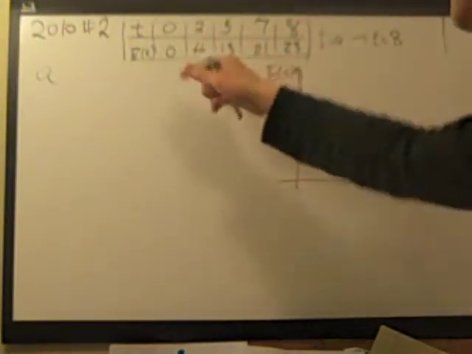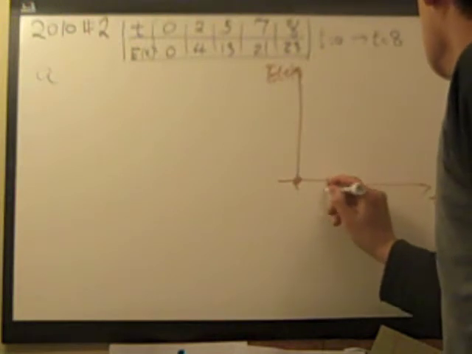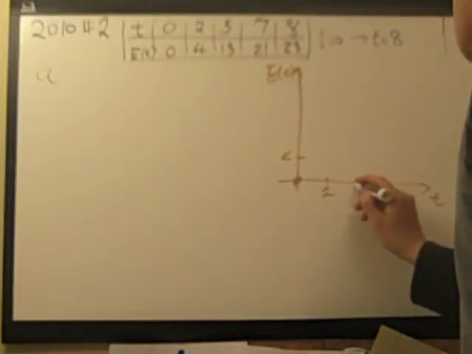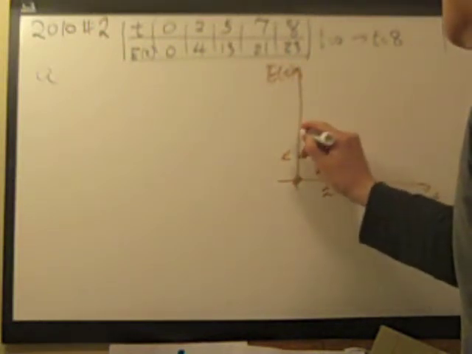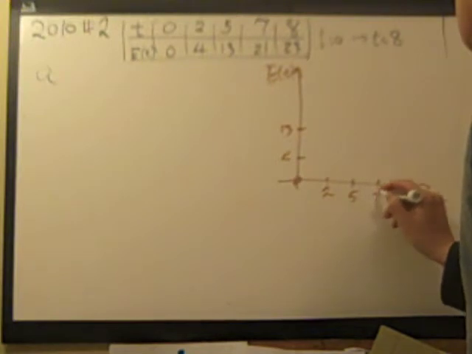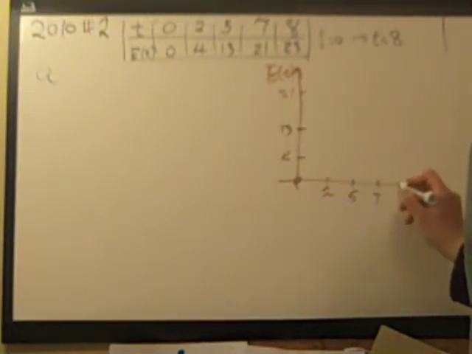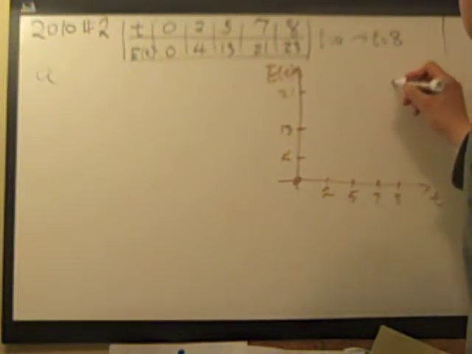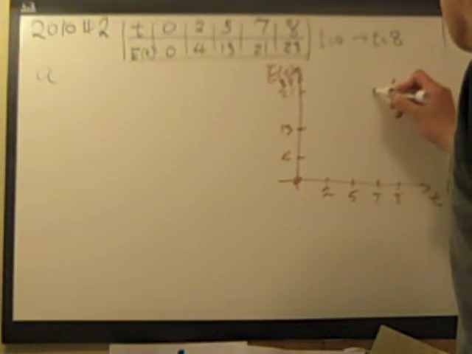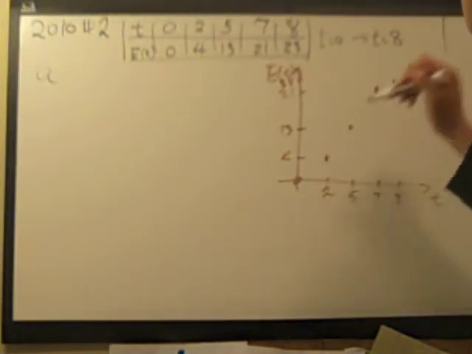At t equals 0 it is 0. At 2 it is 4. At 5, we get 13. At 7, we get 21. And at 8, we get 23. So let's give corresponding dots right here.